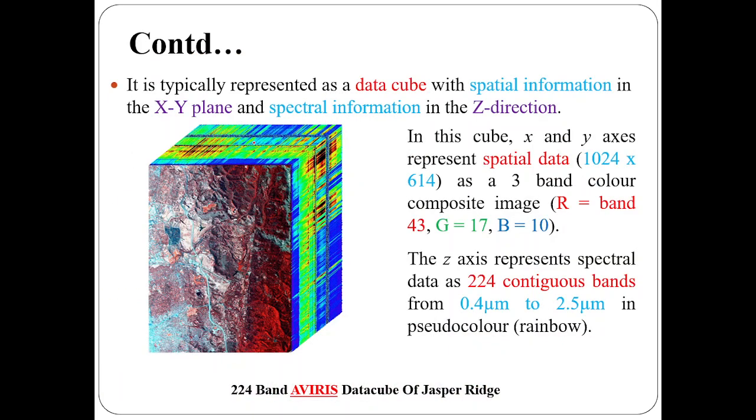So now it comes to understanding why hyperspectral datasets are what we see in the real world today and how they came into existence. If you can see, this is a data cube.